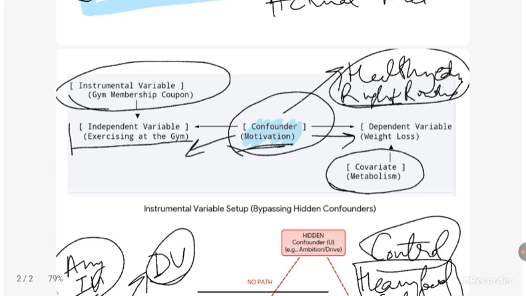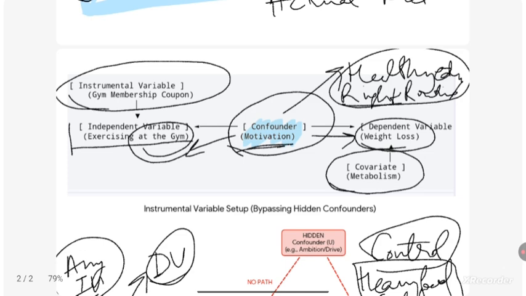But in this study, we are particularly interested in determining the effect of exercise at the gym on weight loss, right? So in this case, we will have to control the factors.